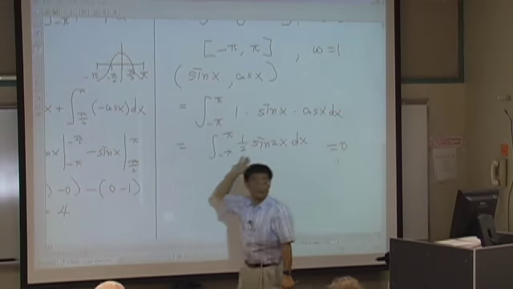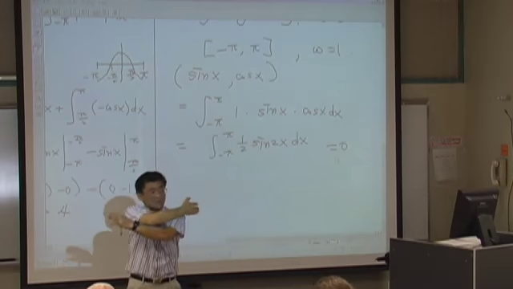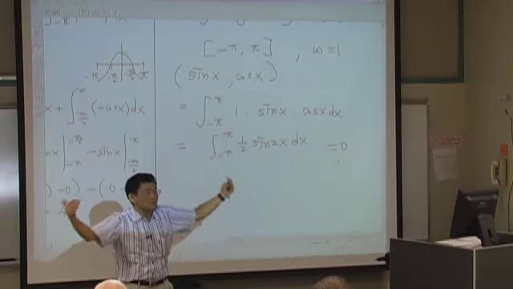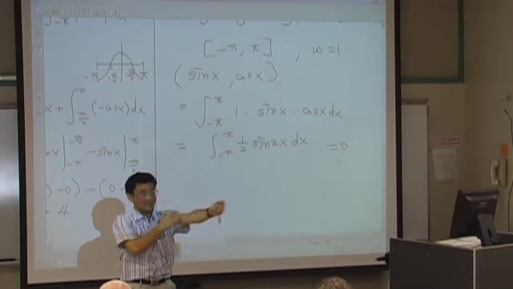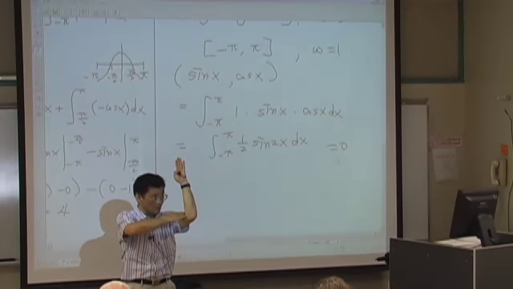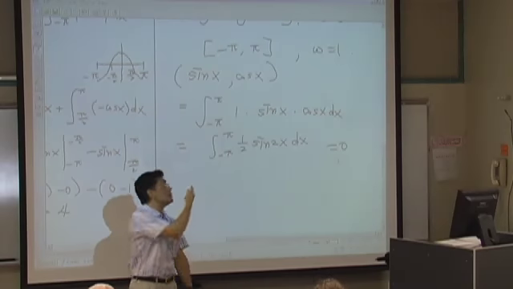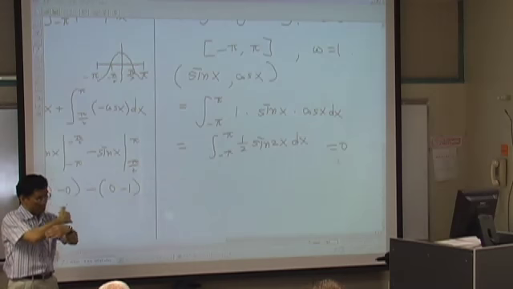Later, we will use this thing to determine perpendicular functions, or more generally, orthogonal functions. How can you define two functions are orthogonal or perpendicular? We can determine whether two vectors are perpendicular or not. But how can you say two functions are orthogonal? So we will use this thing to define orthogonality. How?